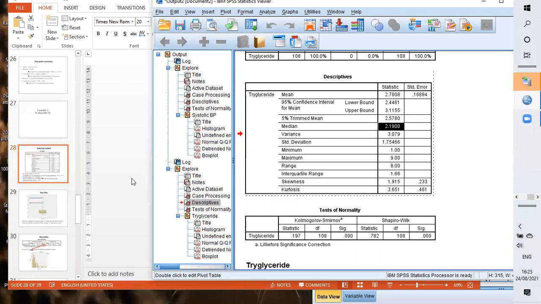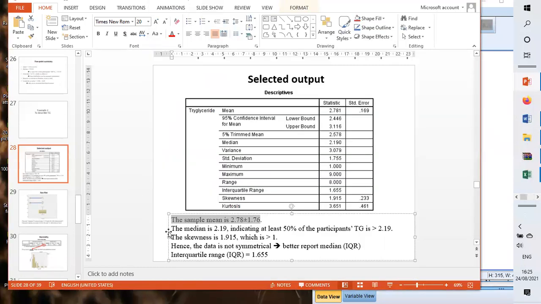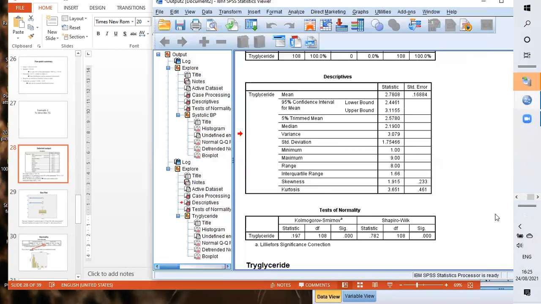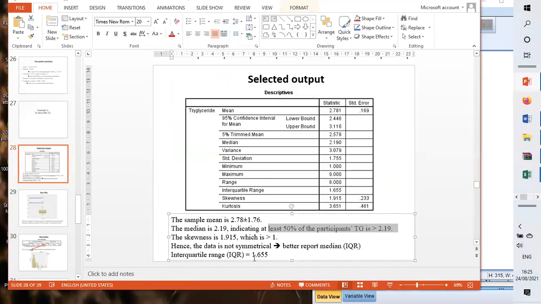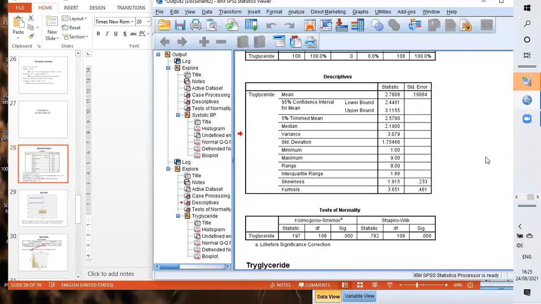So what does it mean? At least 50% of the participants' TG is more than 2.19. Next, skewness. What is the skewness value? Is it more than 1? 1.9. Therefore, data is not symmetrical.